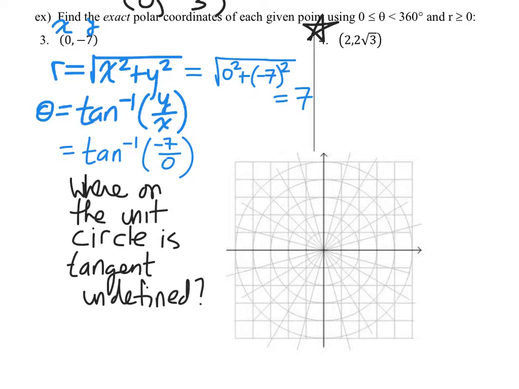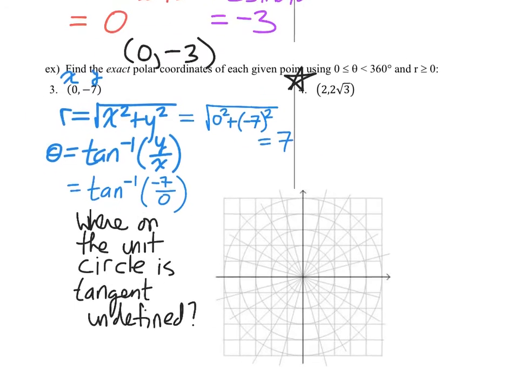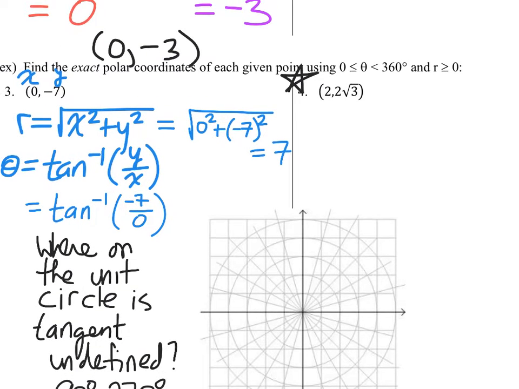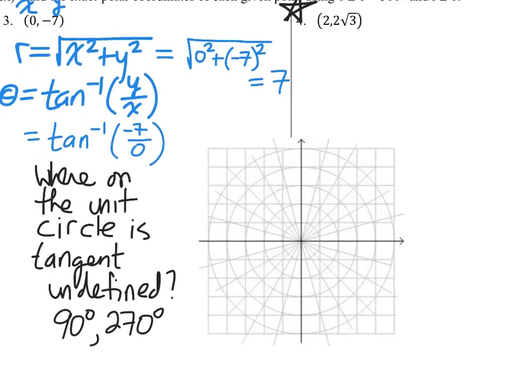It happens in 2 places. And this question's calling for degree answers. Right? So just going around the unit circle, where would you expect tangent to be undefined? Pi over 2 and -pi over 2. So we would say, to keep it in this domain, 90 and 270. All right, because they're calling for 0 to 360.